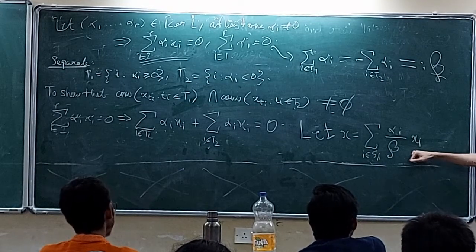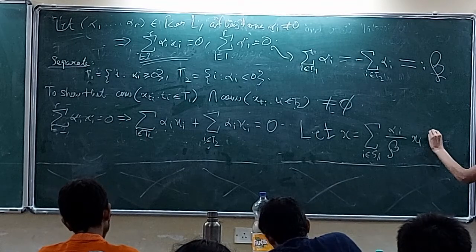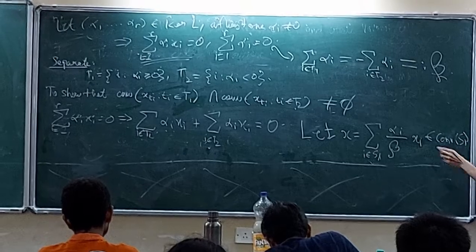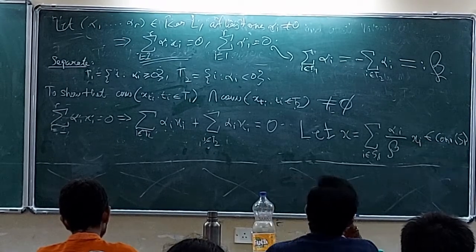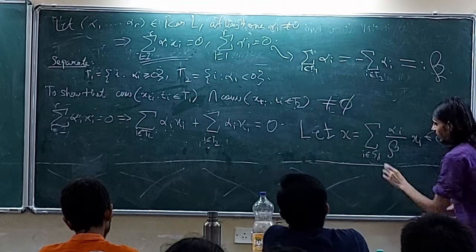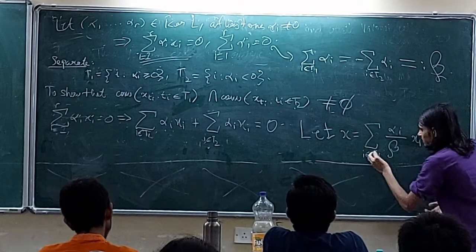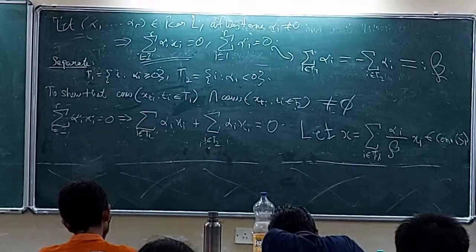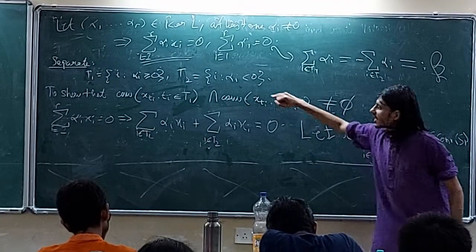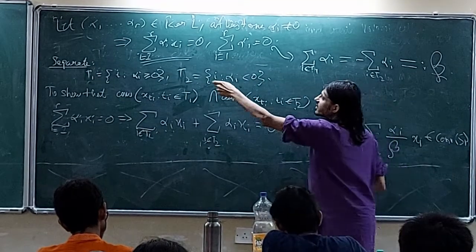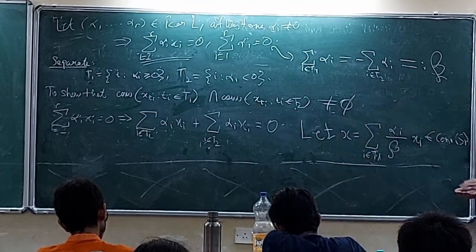This is in the convex hull of T1 because I have purposely written it as a convex combination of the xi's. Here S1 is just xi for i in T1, and S2 is just xi for i in T2, which is not a big deal.